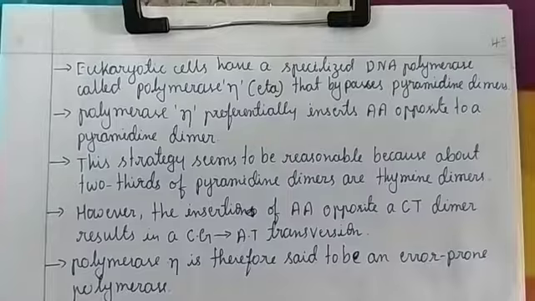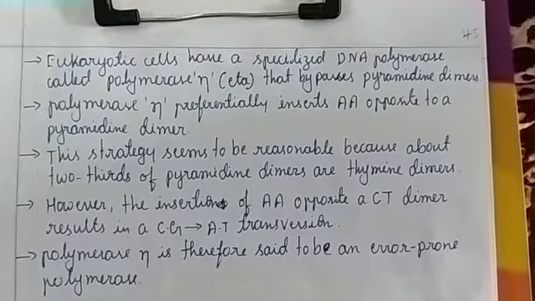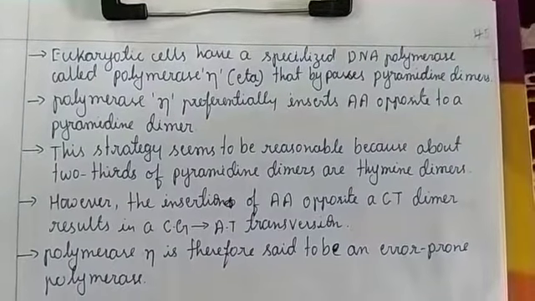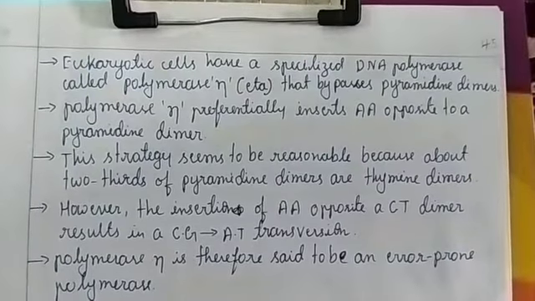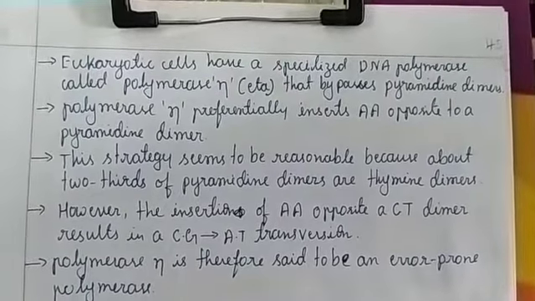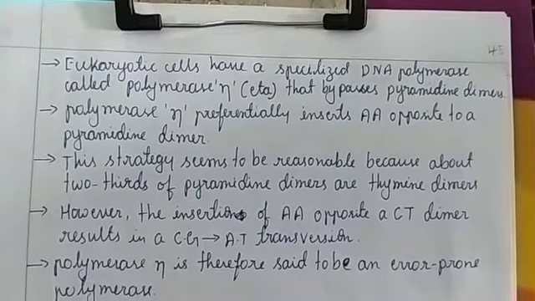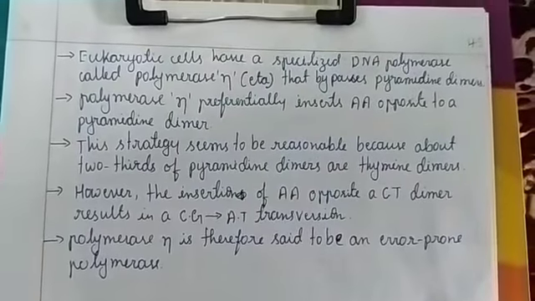This strategy seems reasonable because about two-thirds of pyrimidine dimers are thymine dimers. However, the insertion of adenine opposite a CT dimer, cytosine-thymine dimer, results in a cytosine-guanine to adenine-thymine transversion. Polymerase eta is therefore said to be an error-prone polymerase.